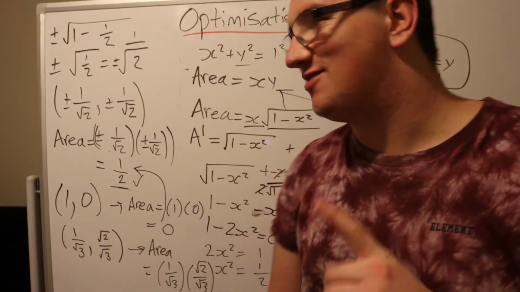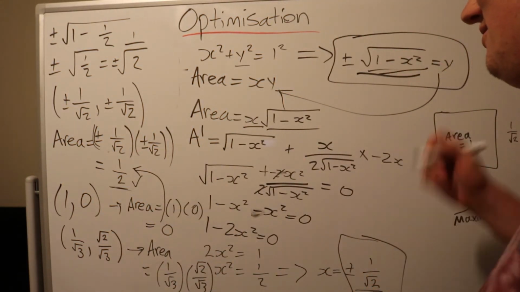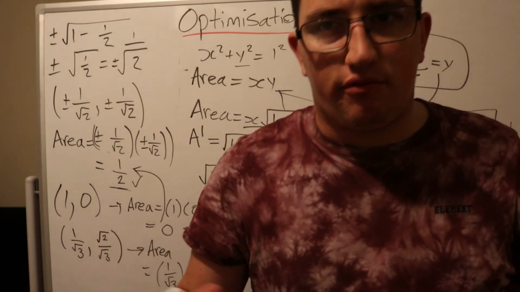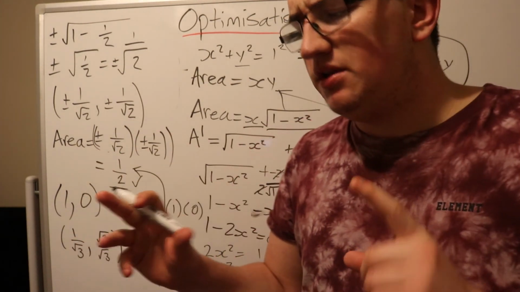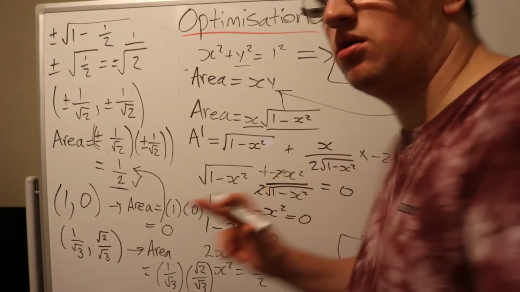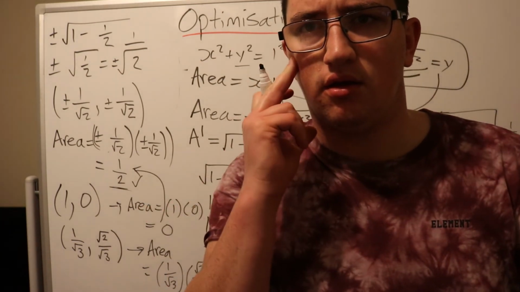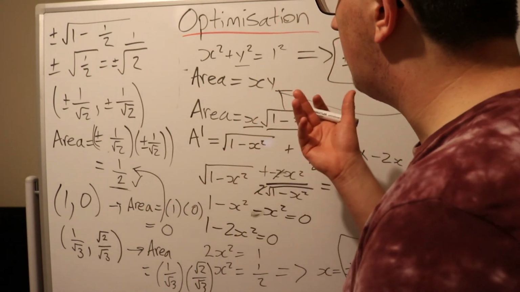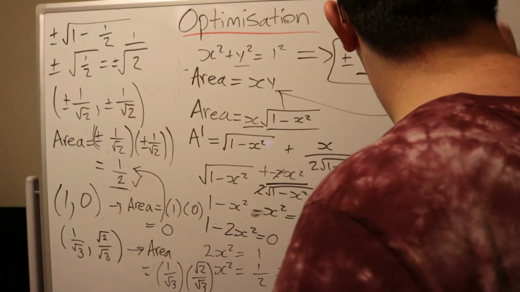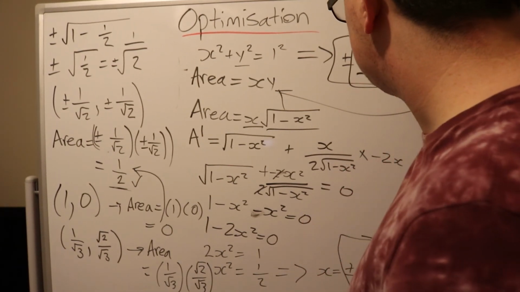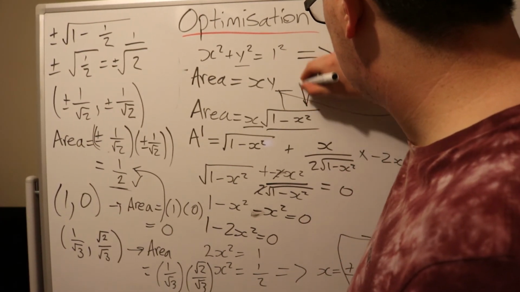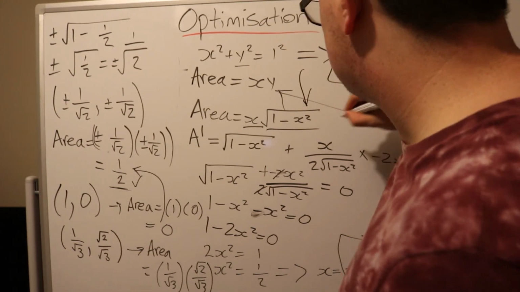Now, one thing I forgot to mention is we found the area of the rectangle, but we didn't multiply the area by 2. You might be wondering, why would we do that? Well, the description here has plus minus, but we substituted here only the plus.